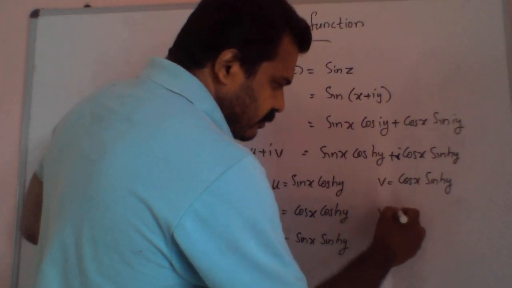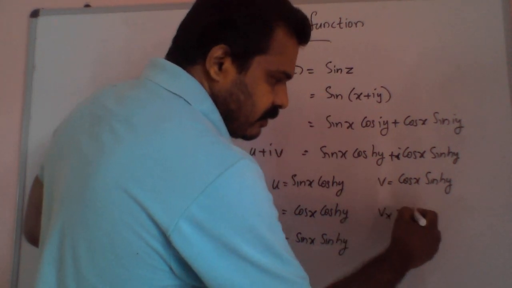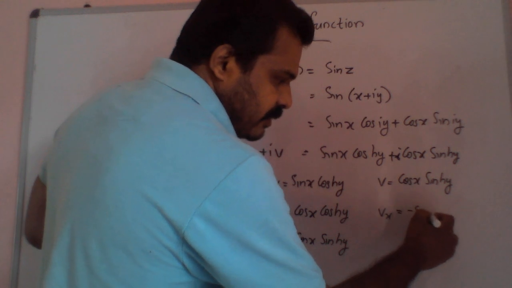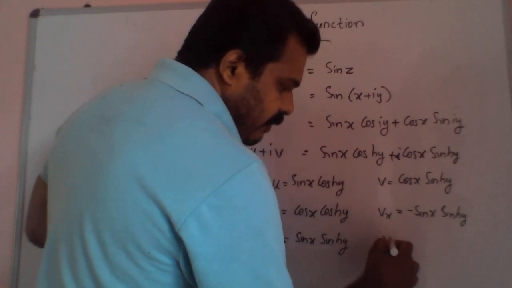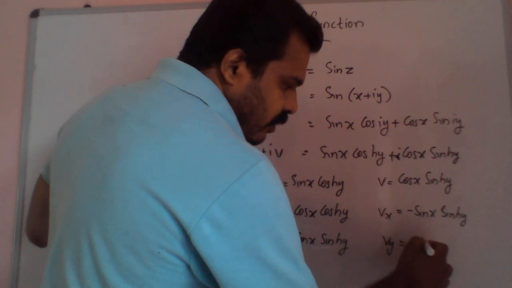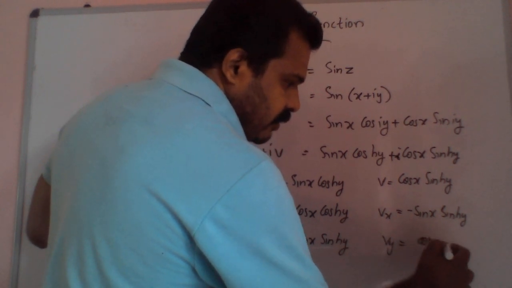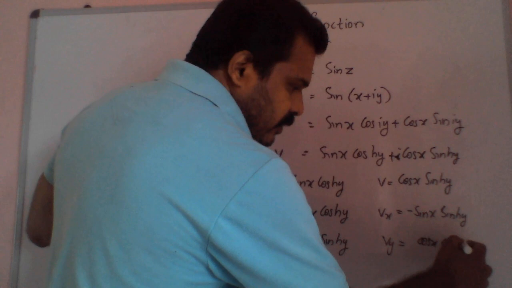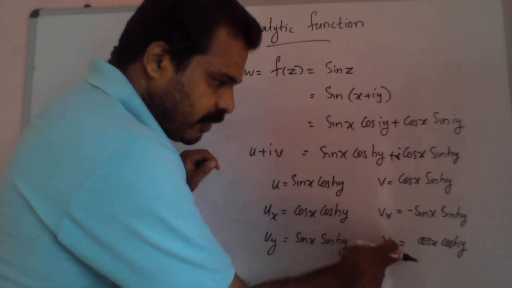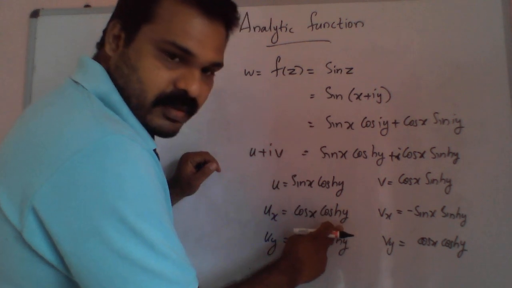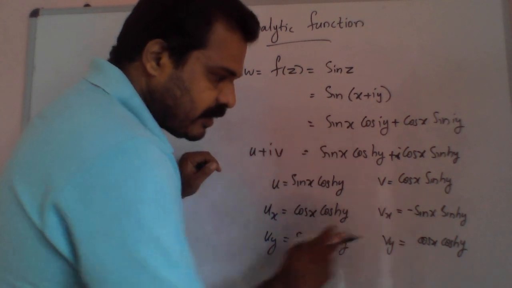Then vx: the derivative of cos x is minus sin x, so minus sin x sinh y, and vy is cos x times the derivative of sinh y, which is cosh y. That is, ux is the same as vy, cos x cosh y, and uy is minus vx.